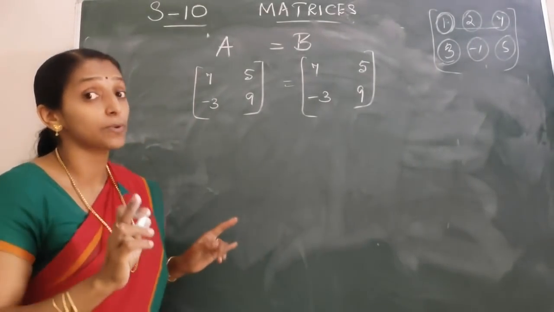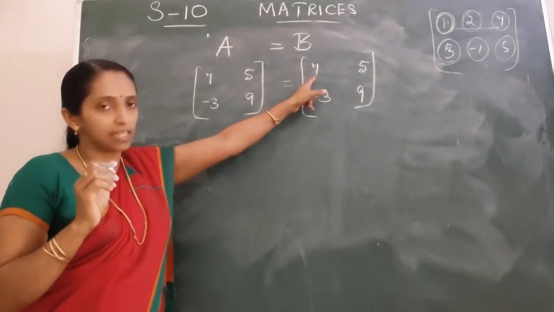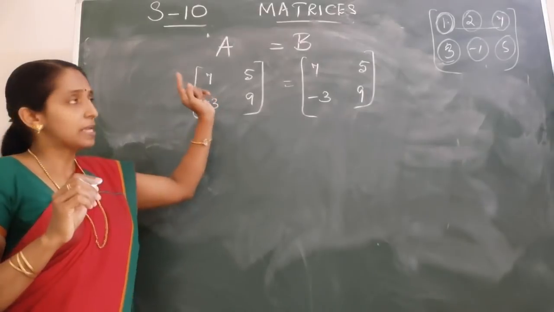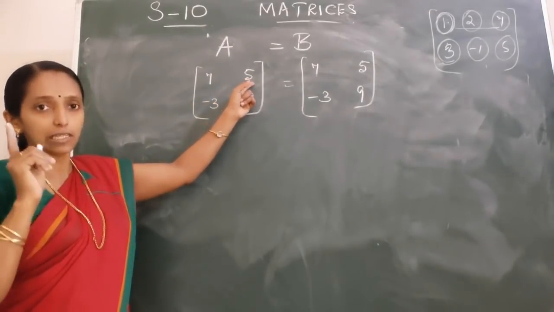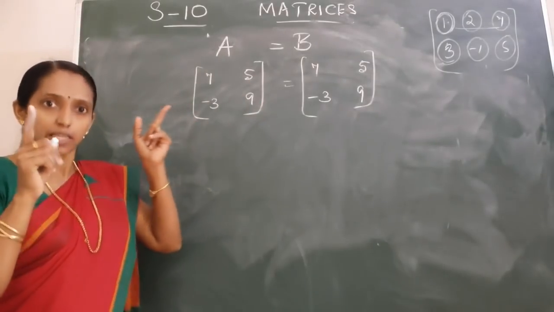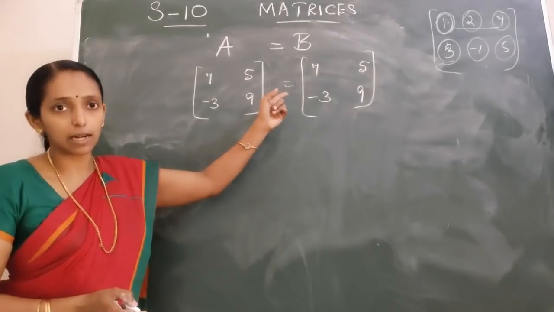The first element, A11, should be A11 there: first row with the first column. Second element, first row with the second column. Only when the respective elements are equal can we say that two matrices are equal.